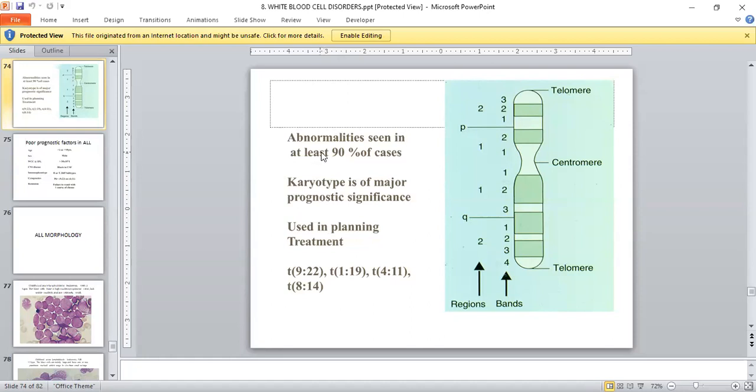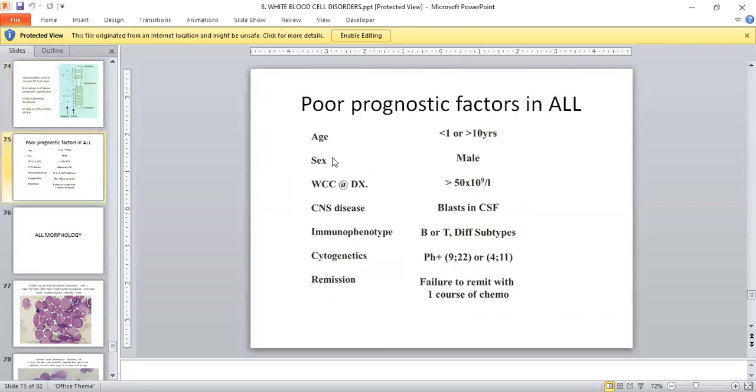I think this slide was in reference to CML. So the Philadelphia chromosome is less common in ALL than it is in CML, but in most situations it's usually there. So it's a major indicator of whether it's ALL or AML. You can try to distinguish using the Philadelphia chromosome. This helps to diagnose, that is.